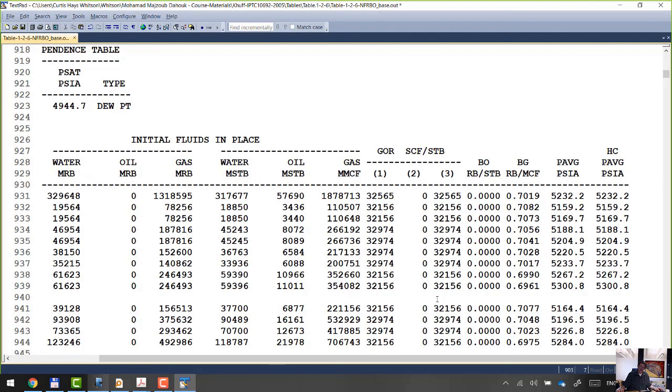Okay, anyway, these BG values have been interpolated by the simulator at the actual pressures in the different layers. So that's the way it should be done. And these pressures are different than this 5315 because of the depths, I think.